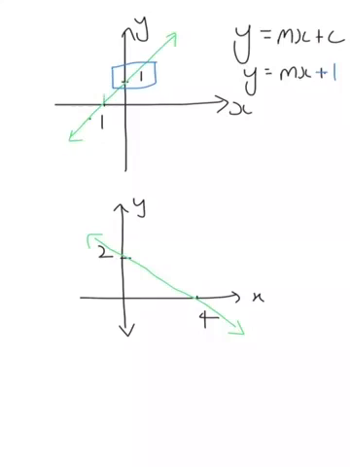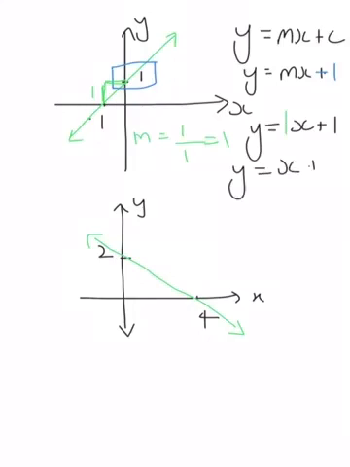If I have a look at the rise and the run between those 2 points, that's what my m will be. So m equals rise, which is 1, over run, which is 1. So the gradient in this case is 1. So now my equation is y equals 1x plus 1, or if you like, just y equals x plus 1.